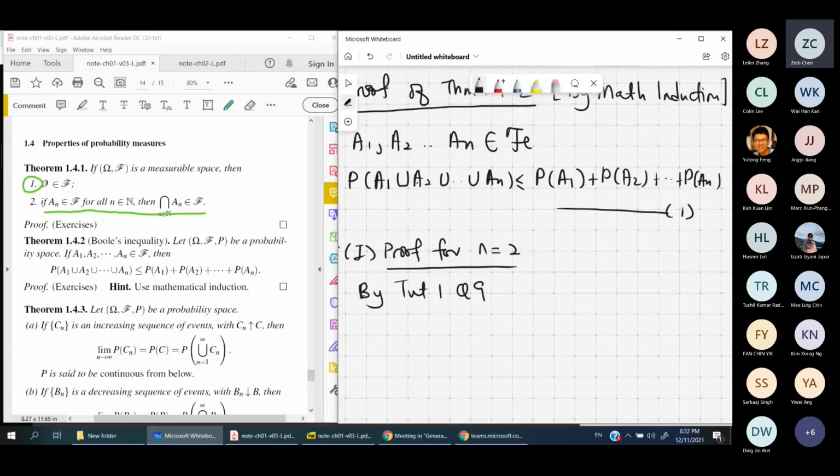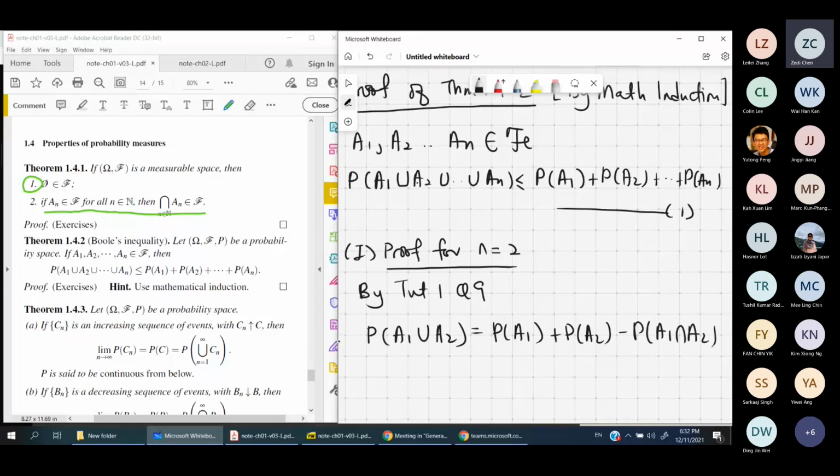You can see P of A1 or A2 is equal to P of A1 plus P of A2 minus P of A1 and A2. Please verify this in tutorial 1.